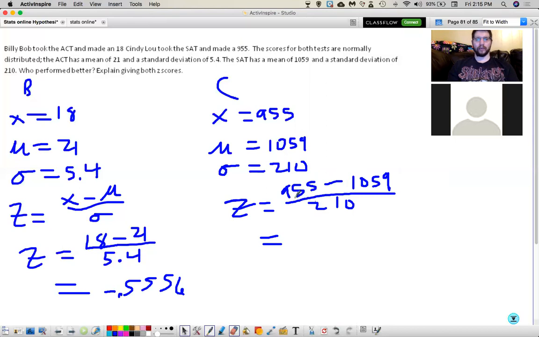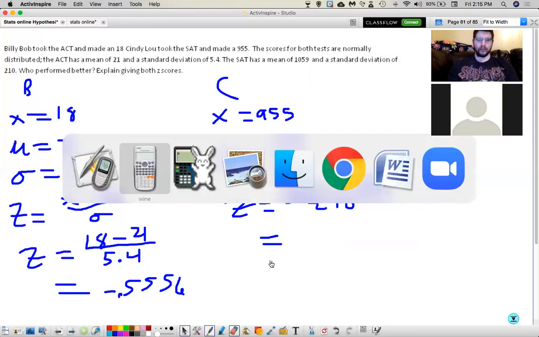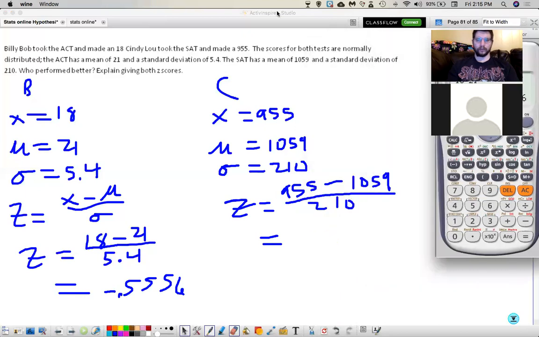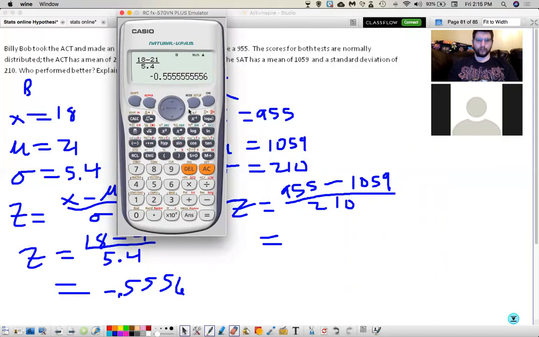So if you mess up and switch these around, I can still give you some partial credit on them. So make sure you show your work. And this one gives us negative 4.952.